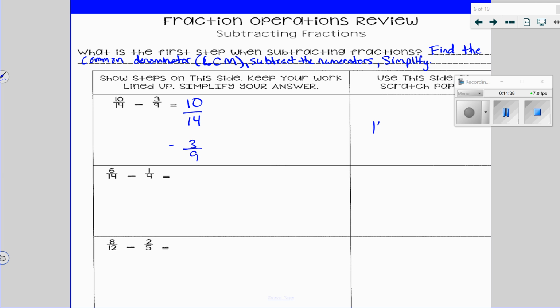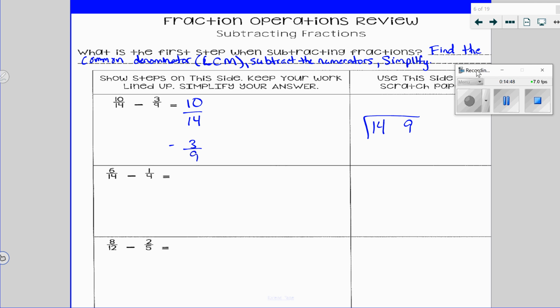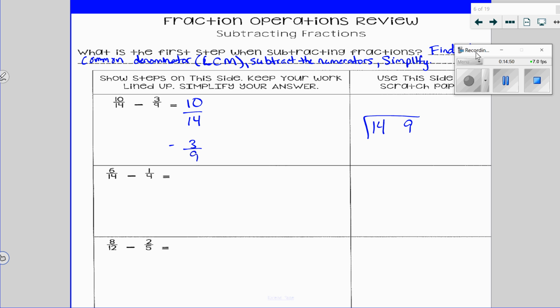And then I take my 2 denominators and I find the least common multiple. What can go into both? 1. 1 goes into 14 times, and 1 goes into 9 times.